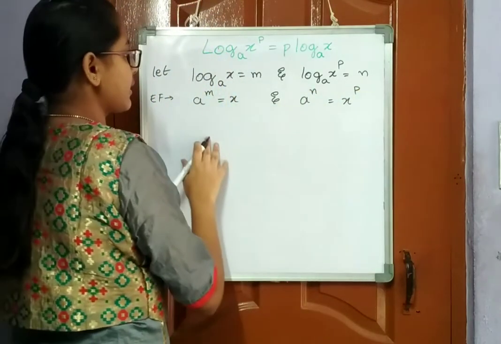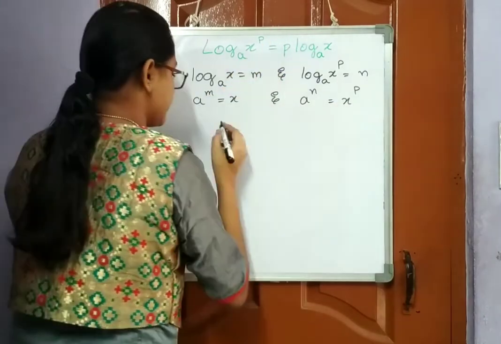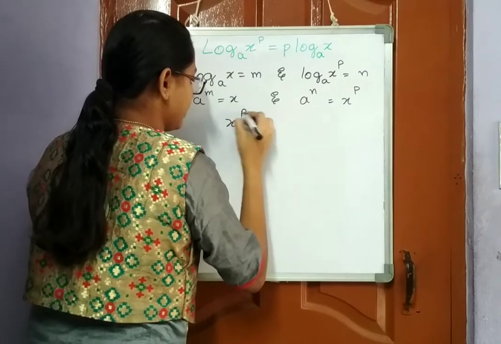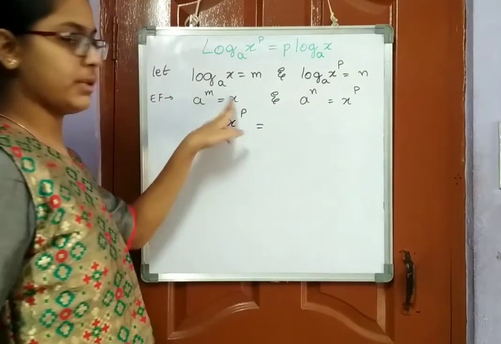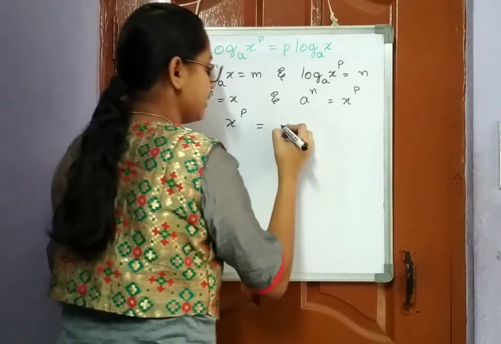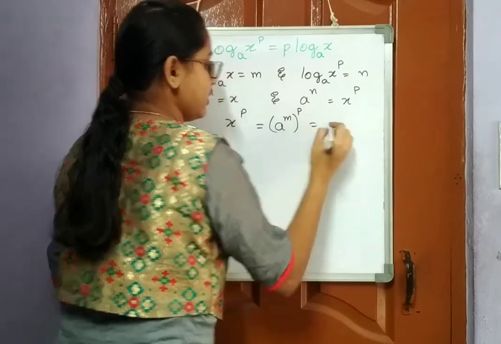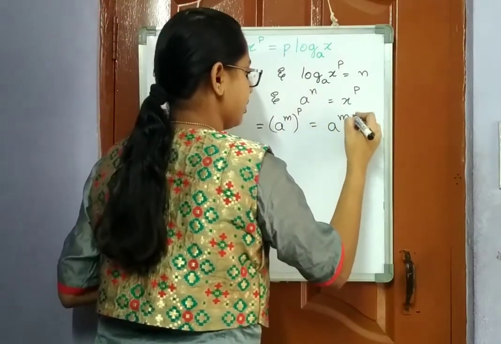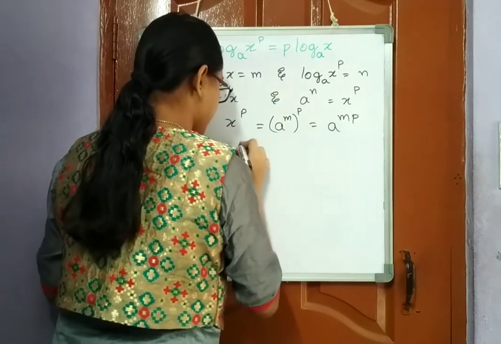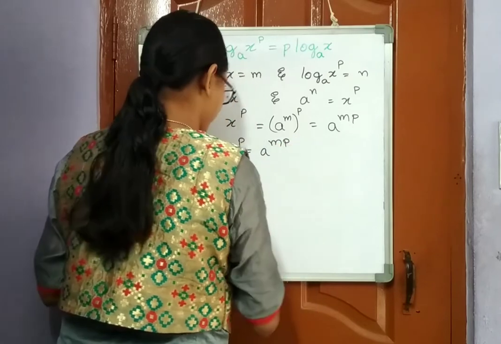So here we want x to the power of p. So consider x to the power of p equals, as we have x as a to the power of m, let's substitute there. That is a to the power of m, whole to the power of p. So here m will be multiplied into p, that is a to the power of m into p. x to the power of p equals a to the power of mp.